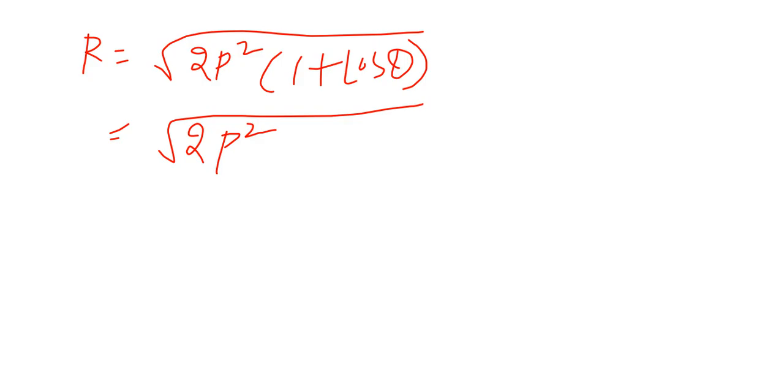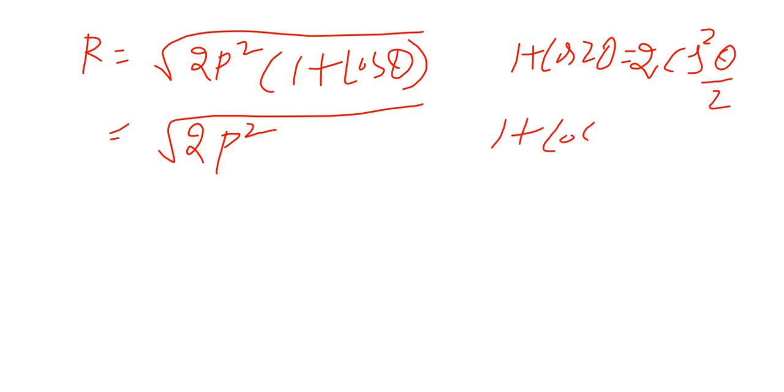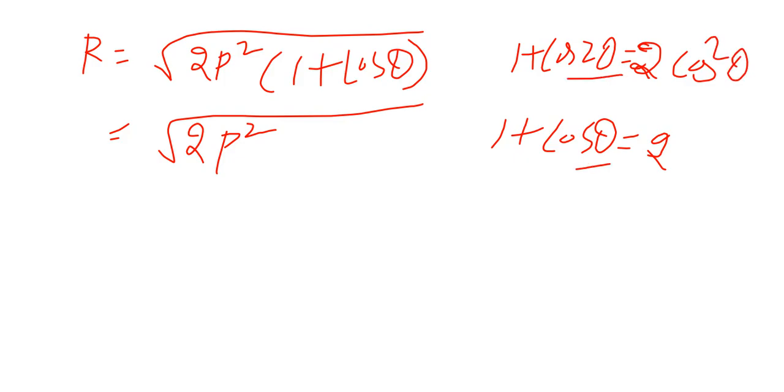The formula: 1 plus cos 2 theta is equal to 2 cos square theta. So here 1 plus cos theta is equal to 2 cos square theta by 2. Here 2 theta means theta. So 1 plus cos theta means 2 cos square theta by 2.